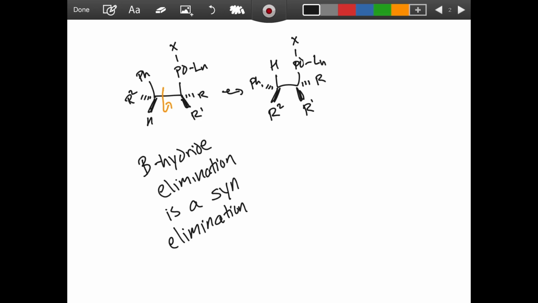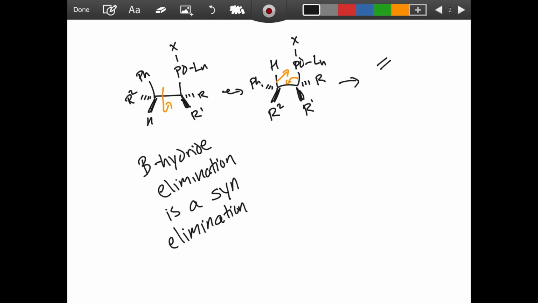So now at this point, the hydride, basically electrons from the hydrogen, from the hydride, go to the palladium. The electrons in the carbon-palladium bond come down, and that is going to make your double bond that you wanted. It's going to make your product.